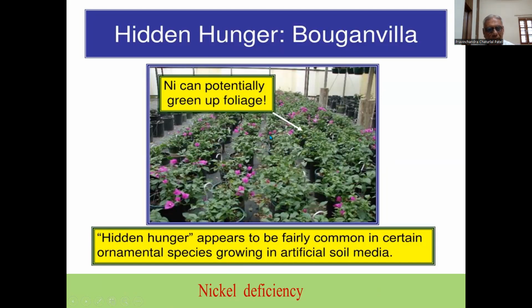So it is a nickel deficiency. You can remember that when there is hidden hunger, crop production declines by about 10%. By plant analysis, we can know which hidden hunger is in the plant: different types of hidden hunger of micronutrients such as zinc, iron, nickel, and so on.